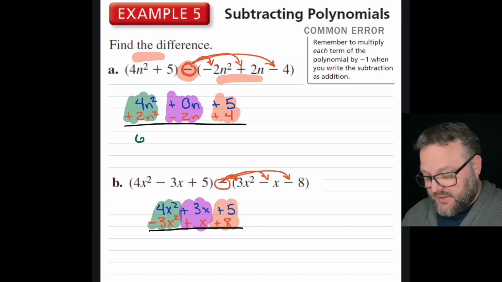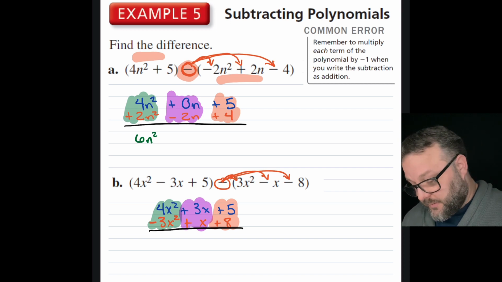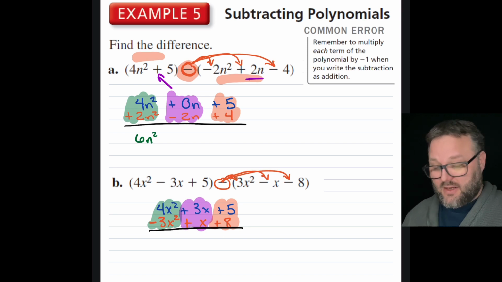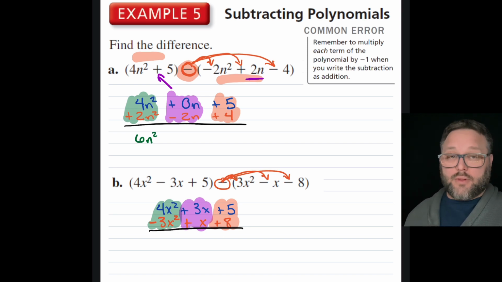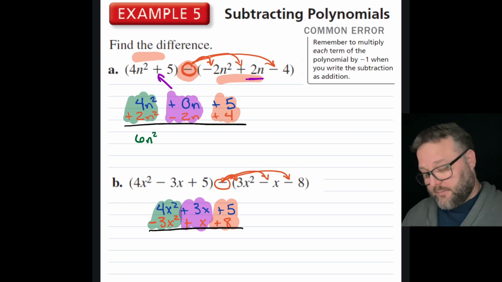That means I have 6n squareds. Then I also have 0 n's, because notice up here there weren't any listed. So this plus 0n, that term came specifically because I did have an n over here, so I needed one on the left. Well, 0 times anything is 0, 0 plus anything is itself, so I can write 0n.